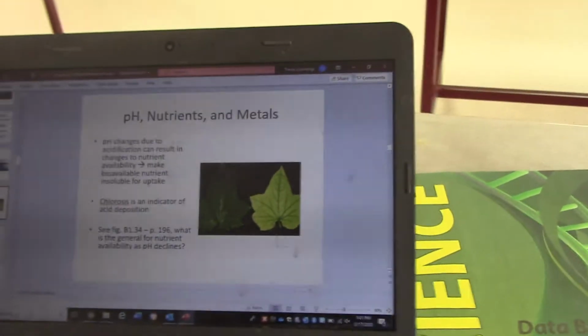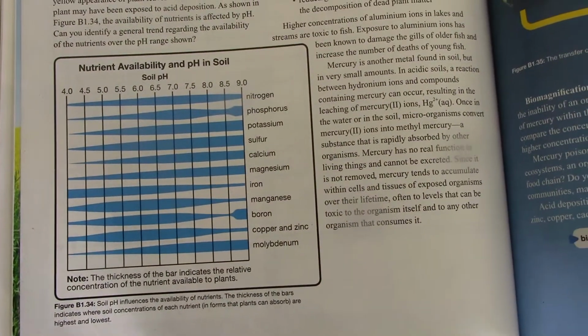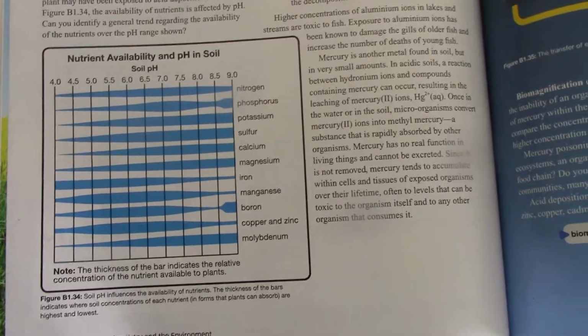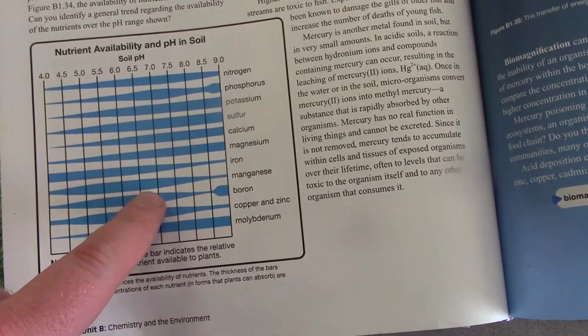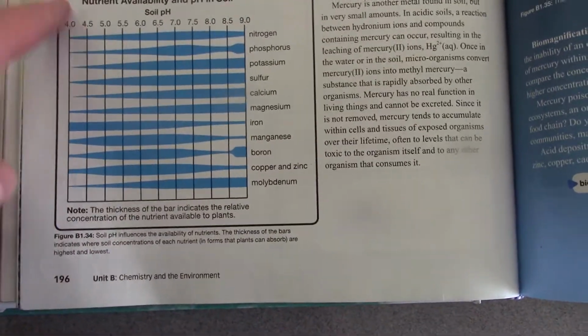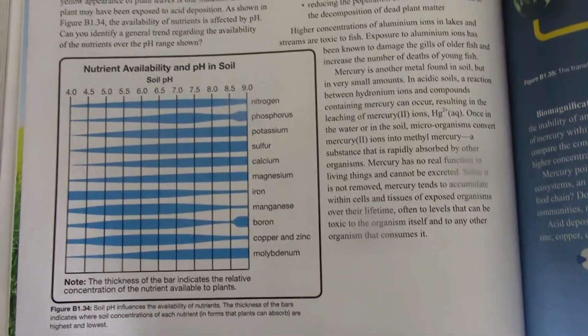So it's something we definitely need to take care of and be aware of when we have large-scale industrial projects. So page 196 in your textbook shows what happens to nutrient availability when the pH changes in soil. And what you can see overall is as the pH changes from neutral to more acidic, there's less and less nutrients available for the most part because they all leach out.